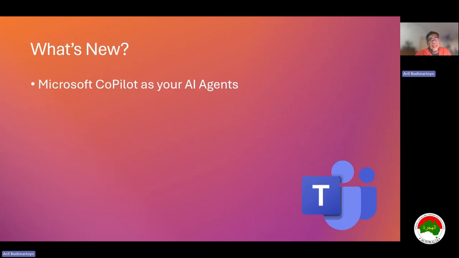In today's world, you can have multiple agents. Imagine that you have a lot of agents that each have their own specialties. Because it's AI, it's trained for specific skills.